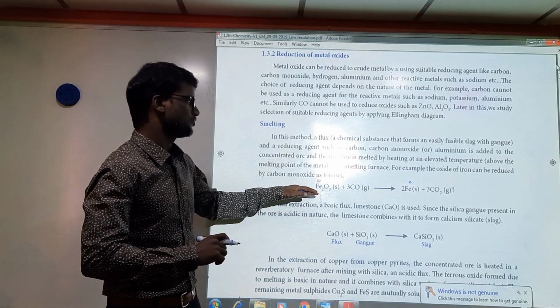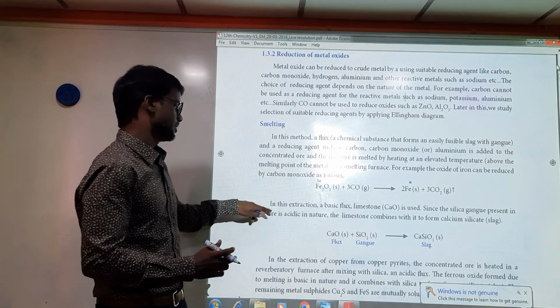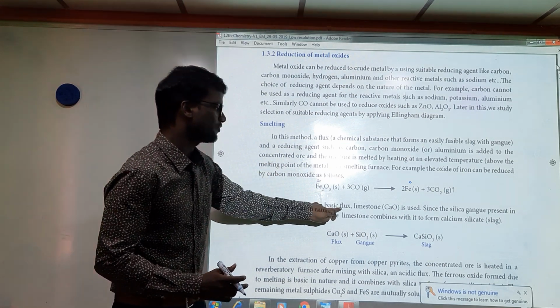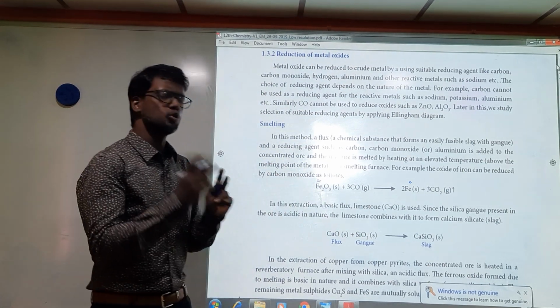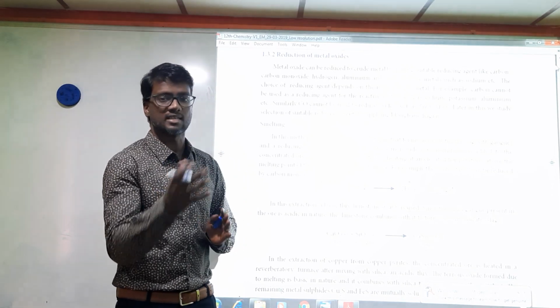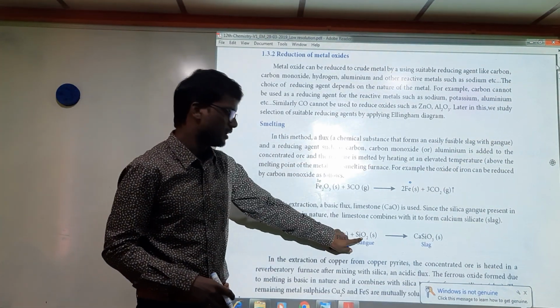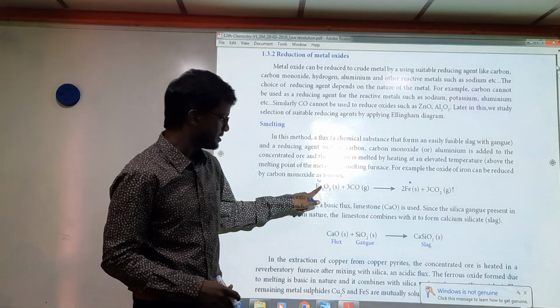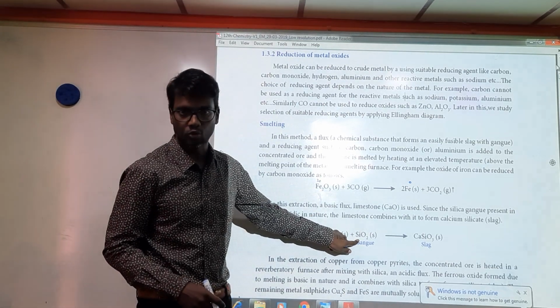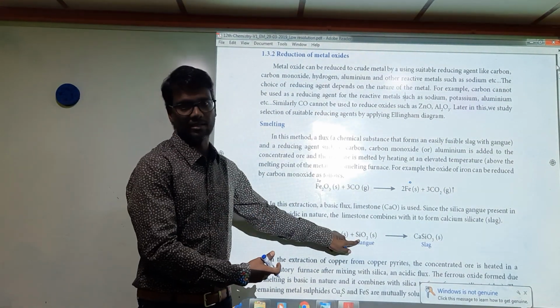In this process, the impurity present is removed by using flux. In this extraction, a basic flux, limestone, is used. There are two types of flux: acidic flux and basic flux. Why do we use such kinds of flux? If the impurity present in the extraction is acidic, for example in this extraction silica, SiO2, is present as gangue or impurity, we call it acidic gangue.